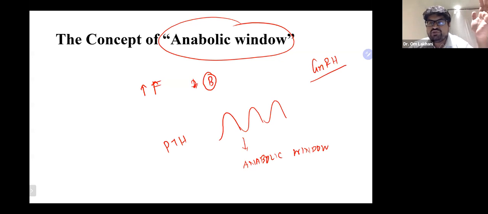We use leuprolide and GnRH analogs, which we give in a high dose continuously. We give a leuprolide depot, and by giving it, we inhibit FSH and LH. But at the same time, if I give GnRH in a pulsatile way, it stimulates the FSH and LH production.